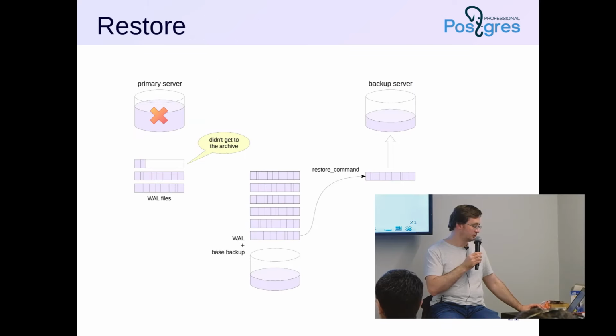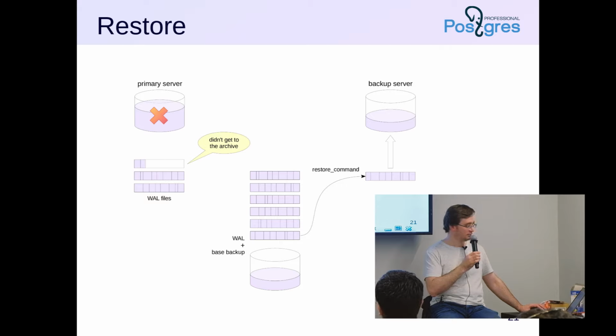For example, we have had continuous archiving. We have a base copy. This is the archive. And something happens to the primary server. We can copy this data to some server and start up the instance.